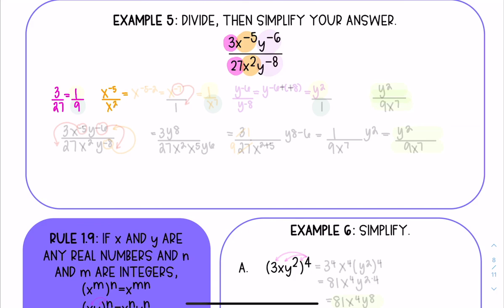So I'm going to use the subtraction rule here. That's x to the negative 5 minus 2, which is x to the negative 7. And then we need to use the negative exponent rule to make it positive. And so this ends up becoming 1 over x to the positive 7.